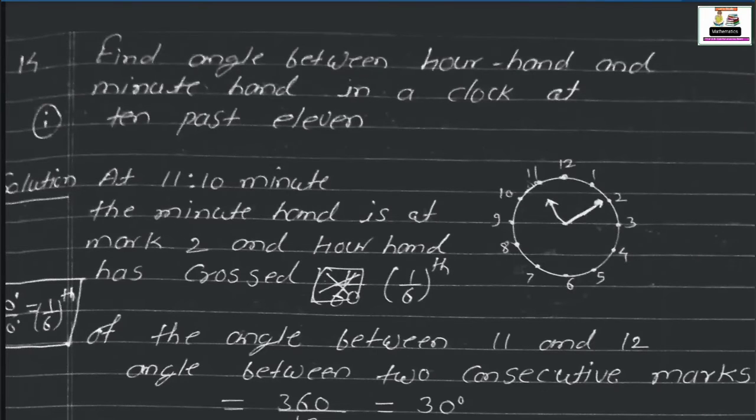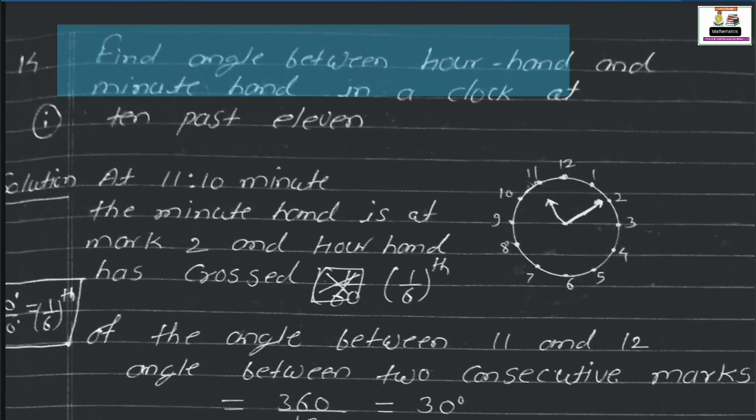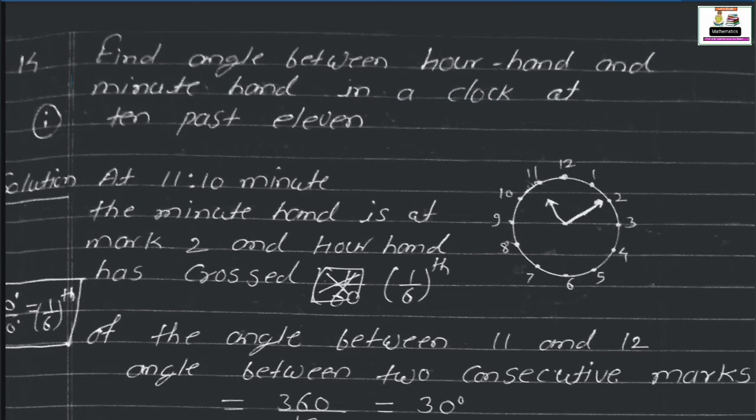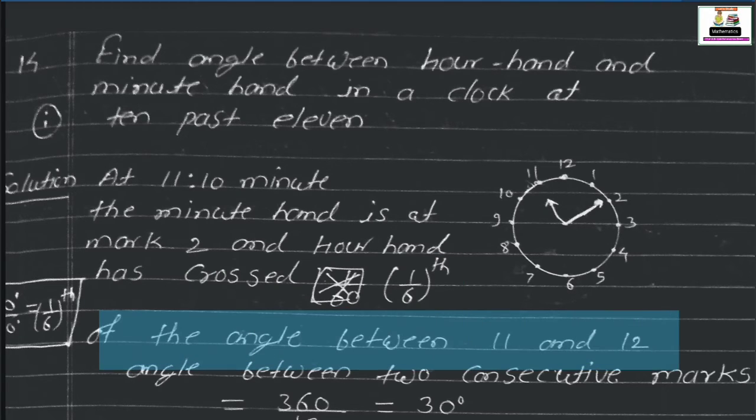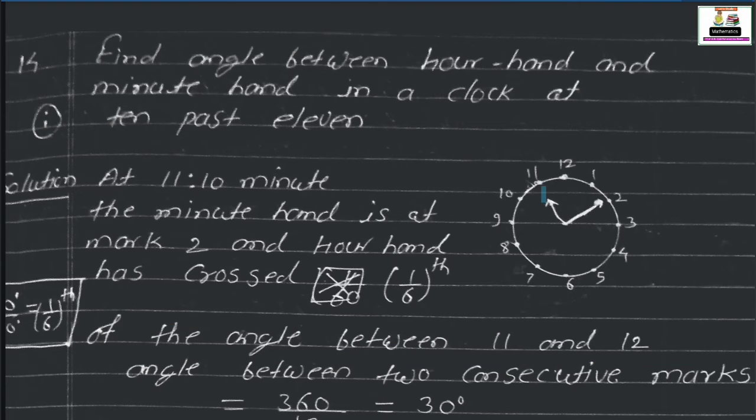And let's see question number 14. Find the angle between the hour hand and minute hand in a clock at 10 past 11. Let's see the solution here. At 11:10, the minute hand is at 2 marks, and the hour hand has crossed 1/6 of the angle between 11 and 12.